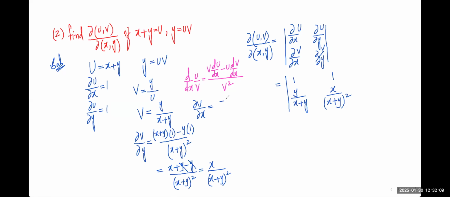Differentiation of 1 by x is minus 1 by x square. This is minus, we'll get it here. AD minus BC. x by x plus y whole square, this is AD. Minus into minus is plus, because we are doing the determinant, y by x plus y whole square.